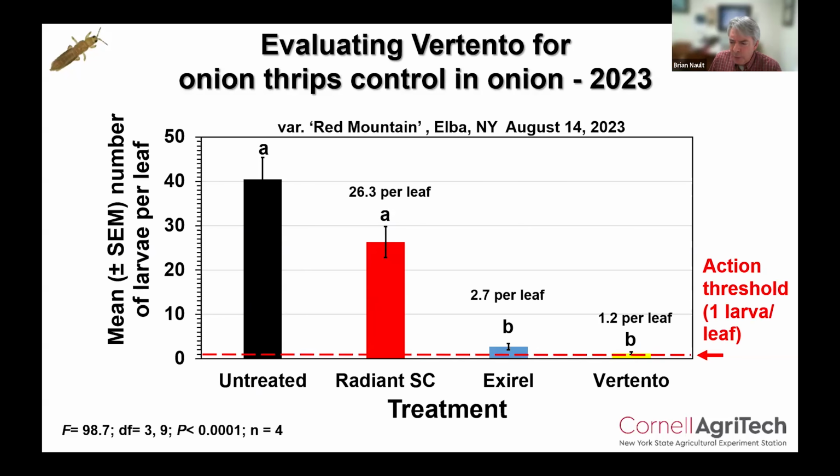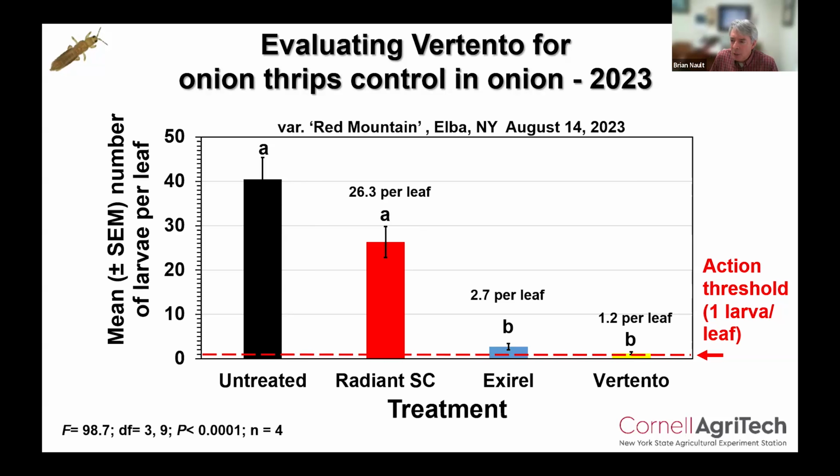And just for reference, I put the action threshold of 1 larva per leaf here. We see that none of the products were able to reduce the population below the action threshold, but Vertento did a pretty good job of getting it almost to 1 or below. There's only 1.2 thrips per leaf. And given the high population, I would say that is a huge success.